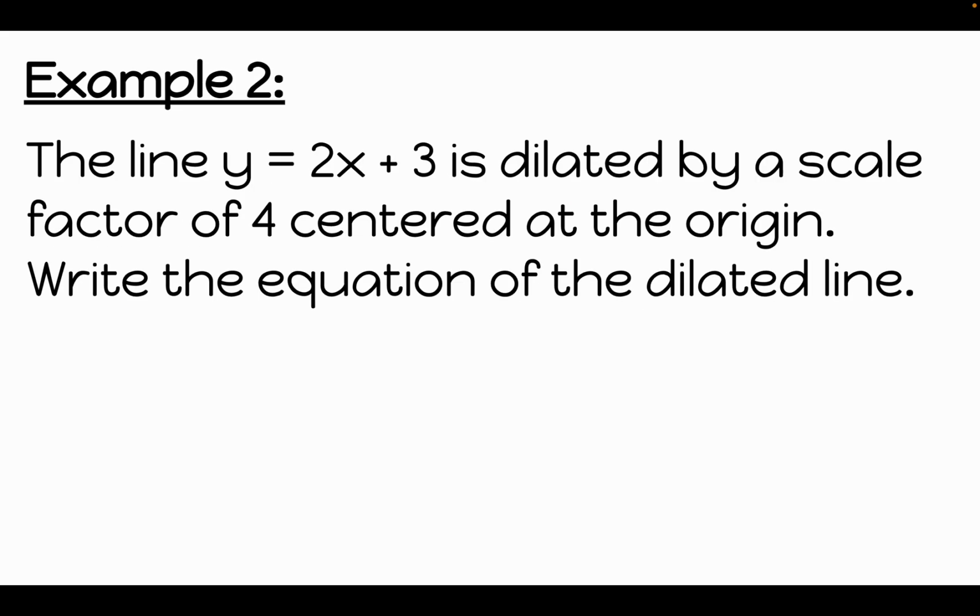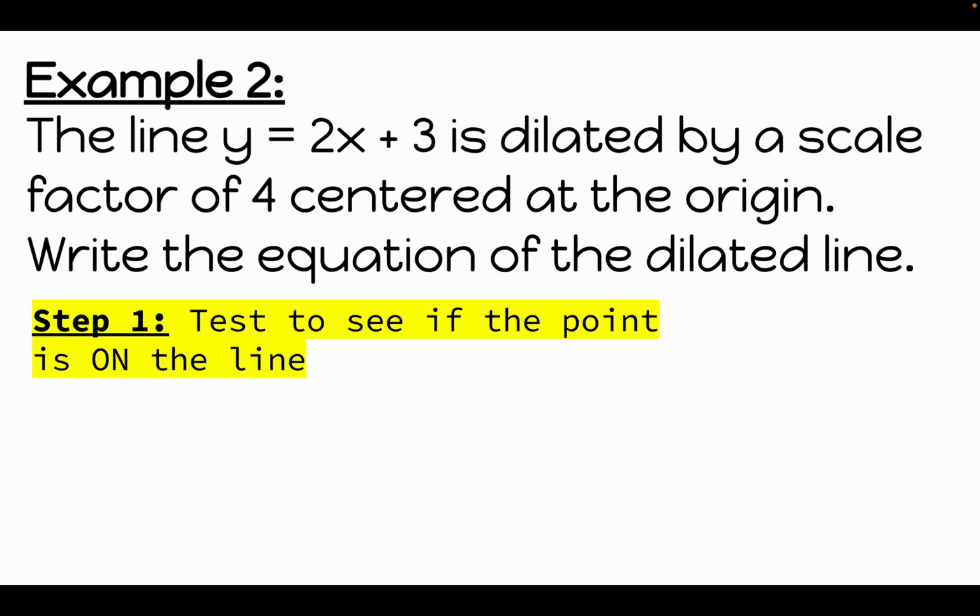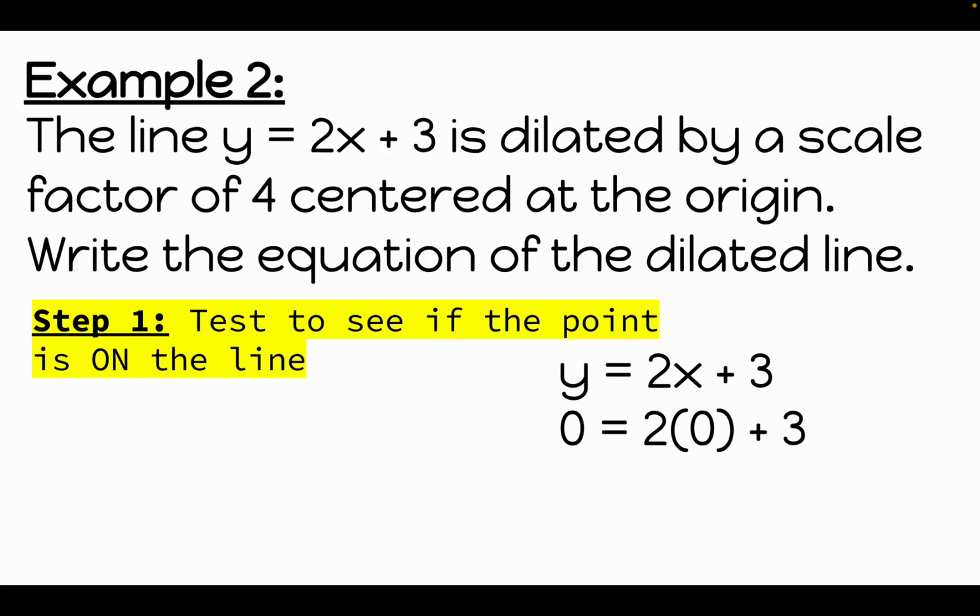Example 2. The line y equals 2x plus 3 is dilated by a scale factor of 4, centered at the origin. Write the equation of the dilated line. So again, test to see if the point is on the line. You do that by substituting. And the origin is 0, 0, so I substitute those for x and y.